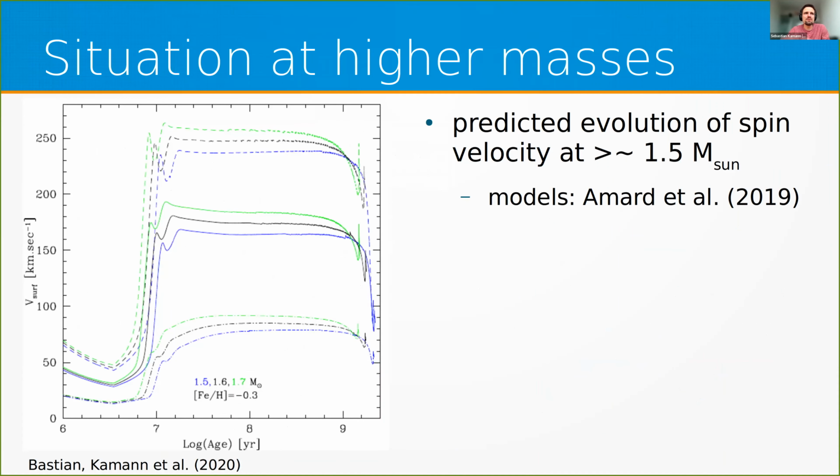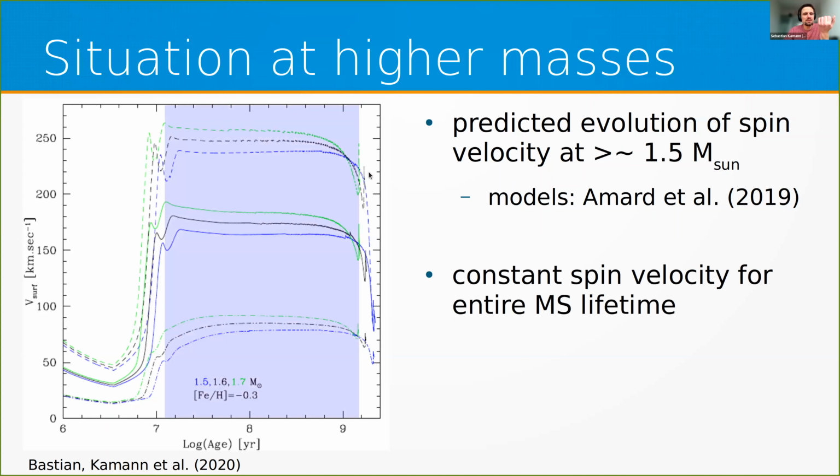The interesting bit is if we translate this idea to higher mass stars, where this braking disappears, then we find, as shown here from a paper that Nate has led in 2020, that if we set up a cluster with stars of masses of 1.5 to 1.7 solar masses with a fixed surface velocity, then it will basically retain that spin velocity for its entire main sequence lifetime, more or less.